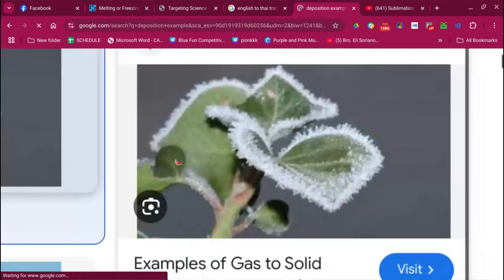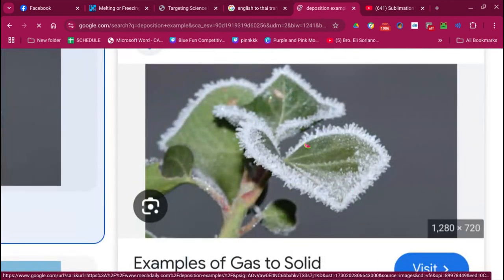Did you already see this? Like leaves that are surrounded by ice. Deposition happens, for example, when winter comes. Because of the certain level of cold, the gases will turn into a solid. So here, the leaves are surrounded by ice, that will become a solid.